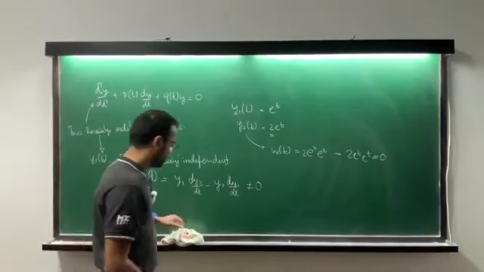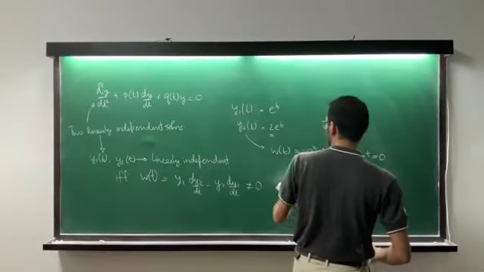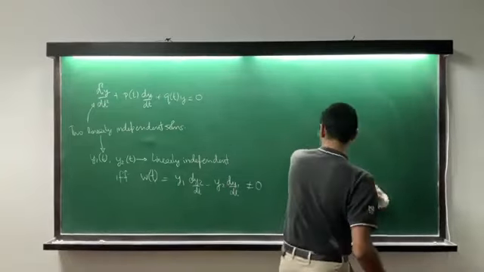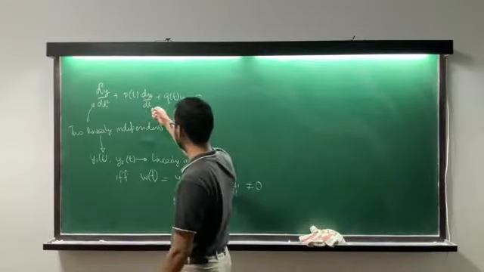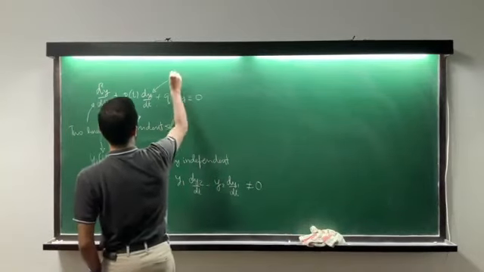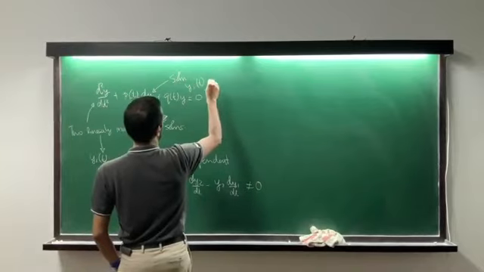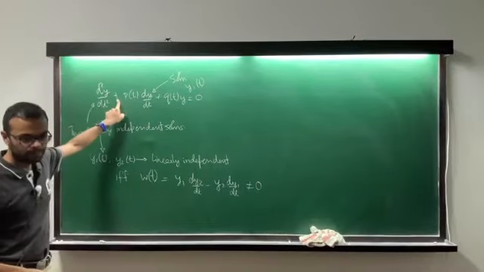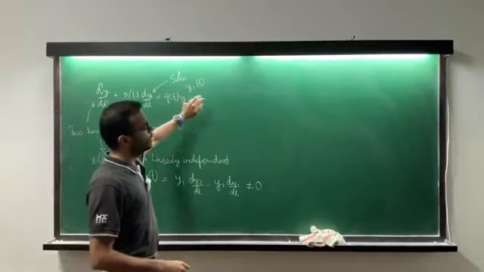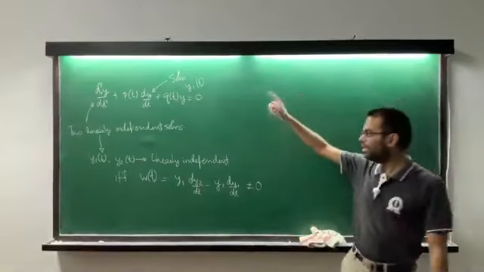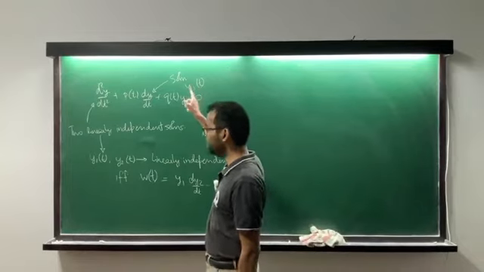So why is this important? Well, it's important for the following reason. Anytime somebody gives you a solution to the differential equation, let's call it y1 of t, so y1 of t obeys this. Then you can take any function that is linearly dependent on y1.